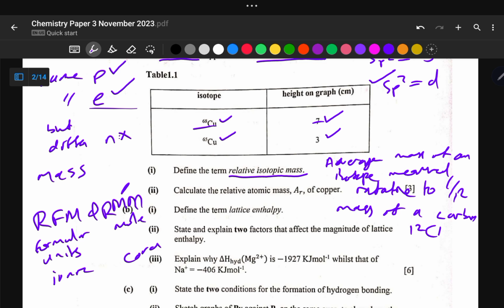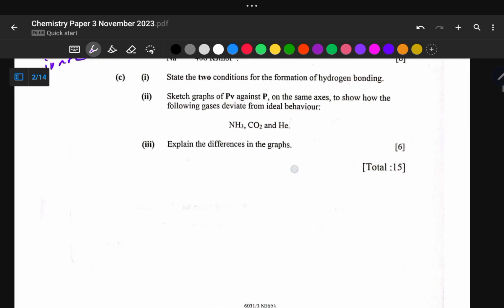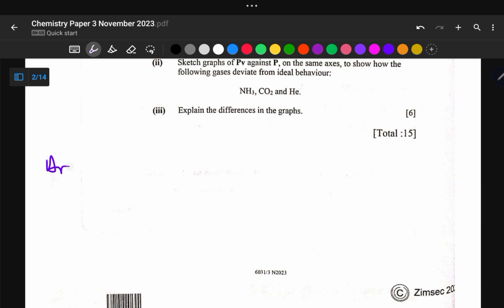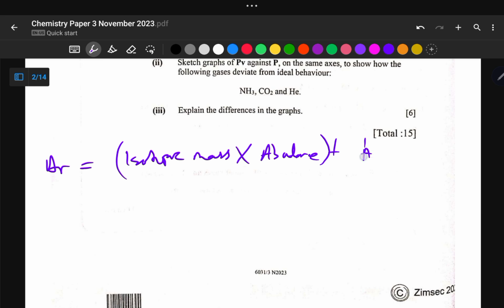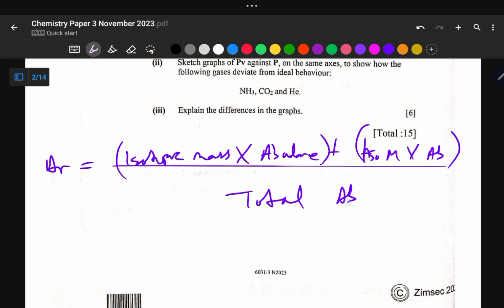And then we're moving on to the next part, which says calculate the relative atomic mass of copper. So we use the formula: Ar is equal to isotopic mass multiplied by abundance, plus isotopic mass of the next isotope multiplied by abundance, all over total abundance.